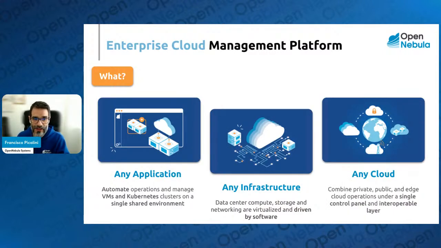OpenNebula can run any application, on any infrastructure, on any cloud. So you can combine private and public cloud through this virtualization platform, which, I forgot to mention, is also open source.